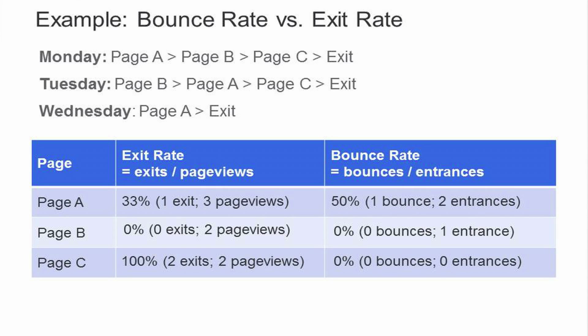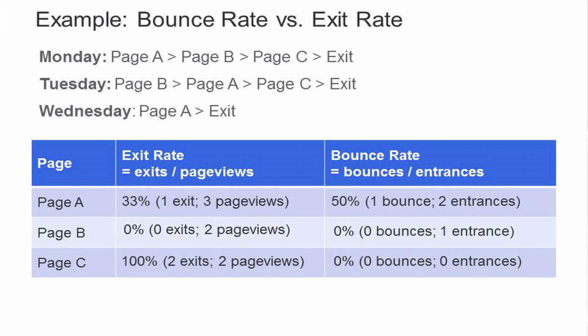Let's look at an example between bounce rate versus exit rate. In this example, a user came in on Monday, started at page A, went to page B, went to page C, and exited. On Tuesday, they entered page B, went to page A, went to page C before exiting. And on Wednesday, they went to page A before exiting.